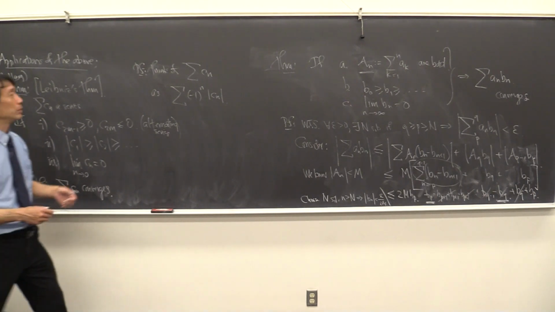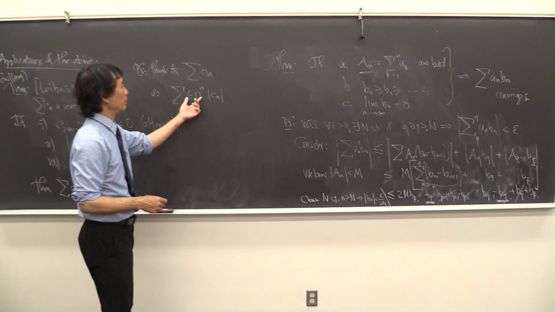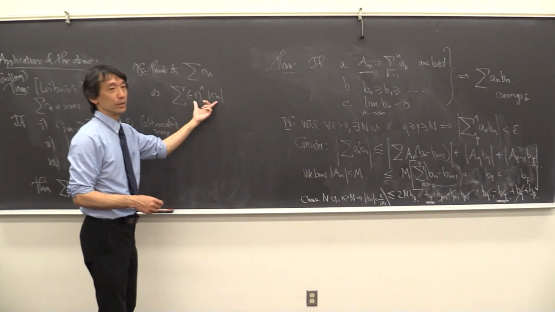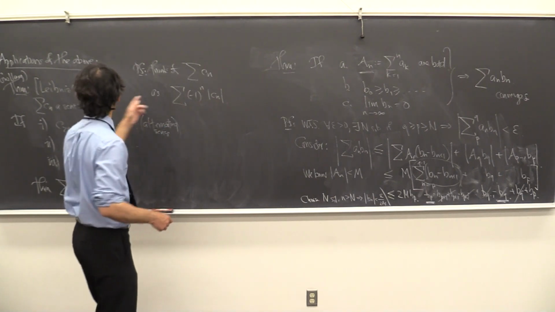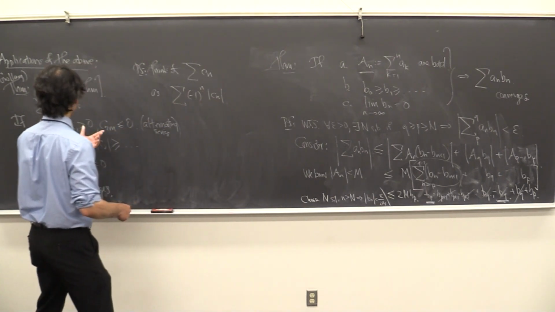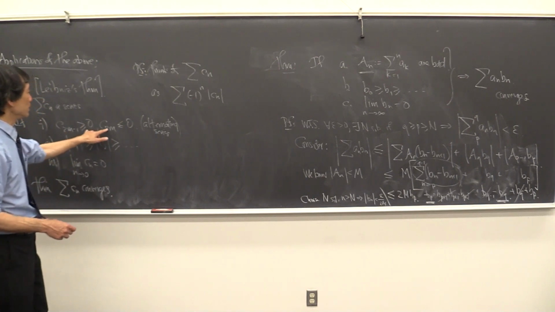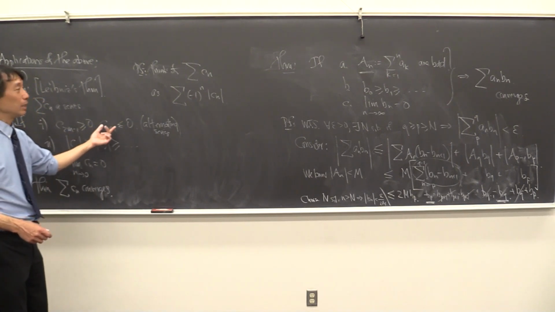Each c sub n just equals this, its absolute value, since these are real numbers. Otherwise, it doesn't make sense to say greater than or equal to 0.